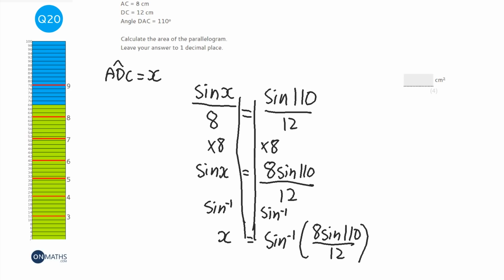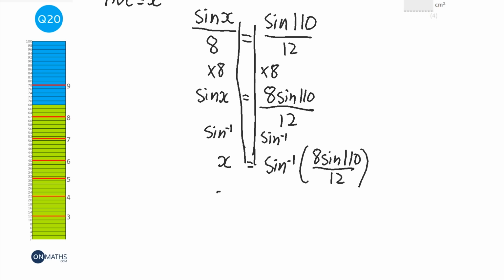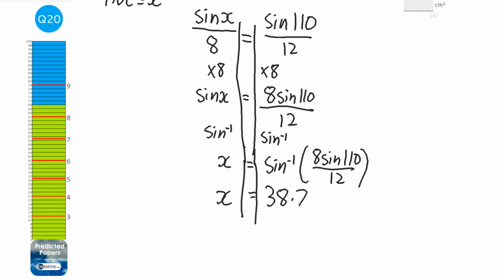So inverse sine, fraction button, 8 sine 110, close the brackets, over 12, and then come out of the fraction, close the brackets. So that tells me that x is 38.789 blah blah blah.